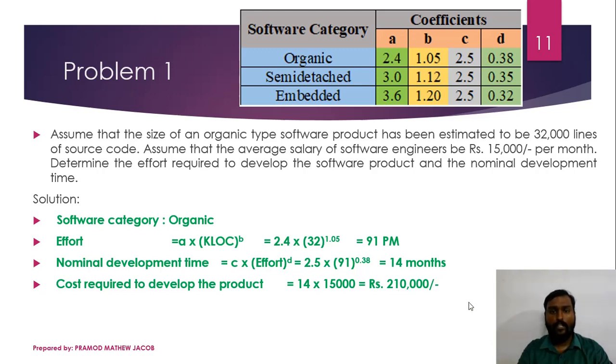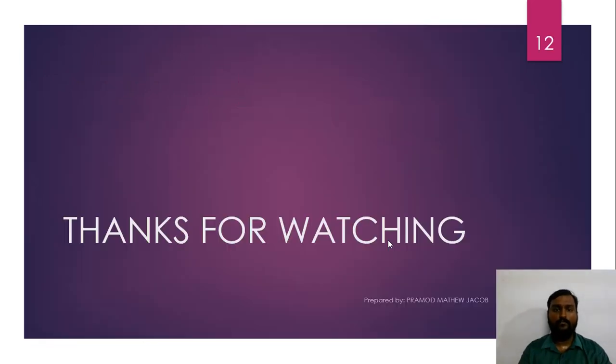We have 1 unit in person month and 1 unit in month. So person month divided by month will give the number of persons, that is effort divided by nominal development time will give the number of persons required to complete this project. So 91 divided by 14 will give the number of software engineers required to develop this particular software product. Thank you.